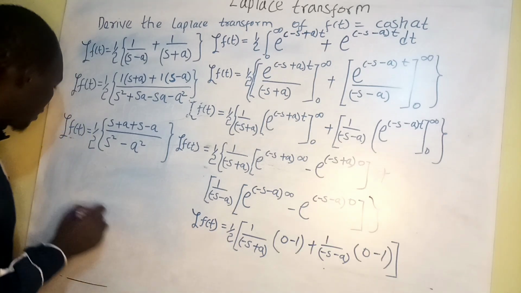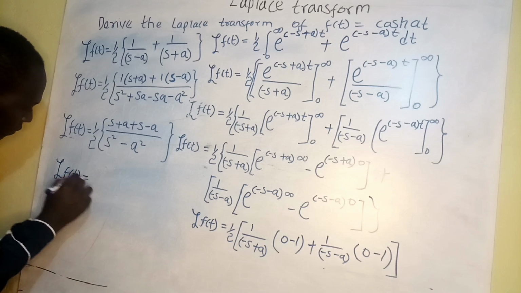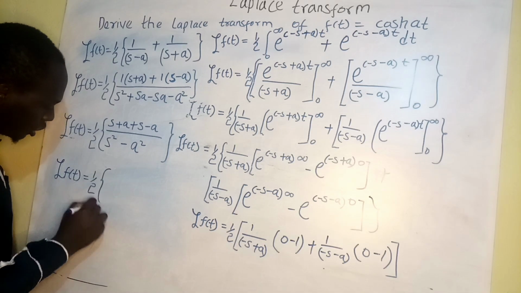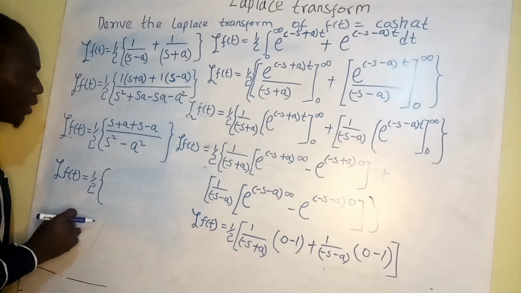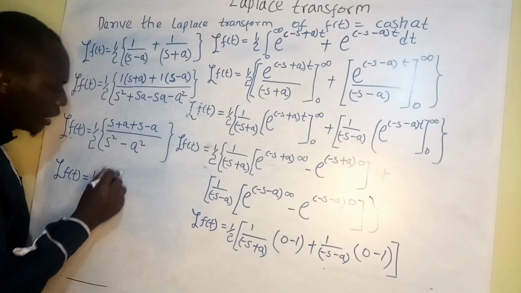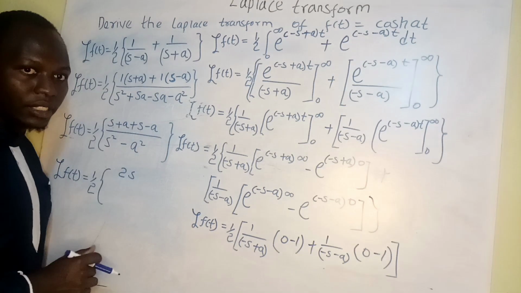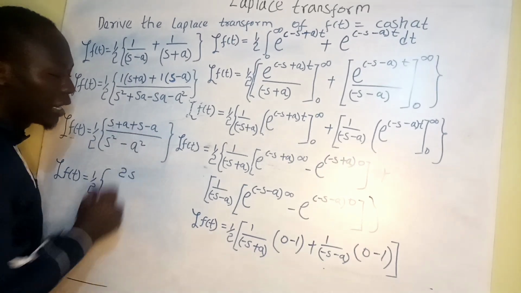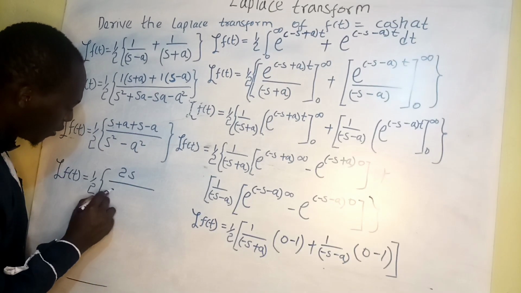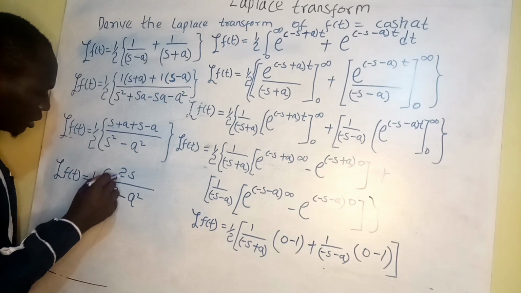And finally, we can come and say the Laplace transform of our function f of t is going to be equals to a half into, here s we add to s, we are going to have 2s. A is a positive and here a is a negative. They are going to cancel out and we are going to have all over a squared we subtract from a squared.